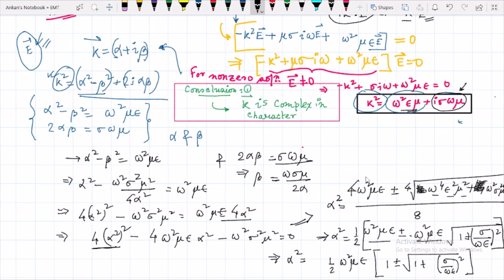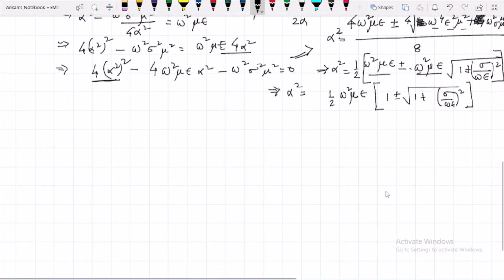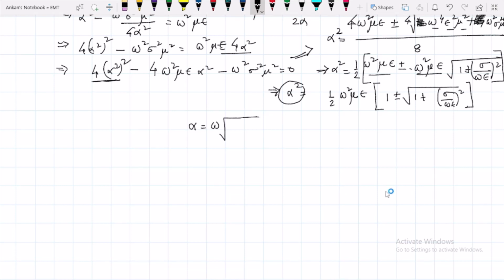Yes, now we have obtained alpha square. From this we can also obtain alpha. If we take the square root, then only omega will be outside the square root term. So in the square root, mu epsilon by 2 will be present, and these alpha plus minus.